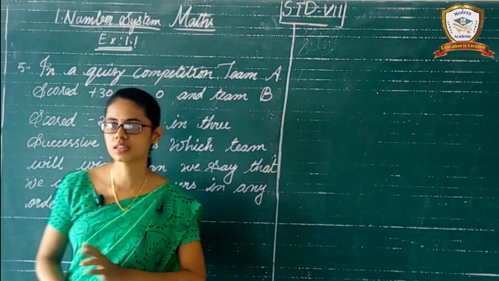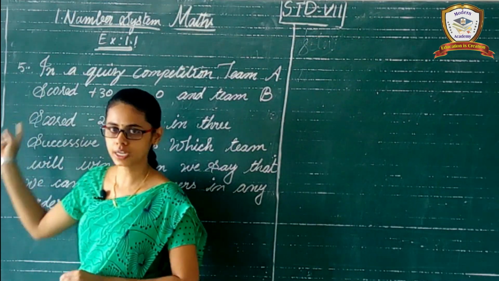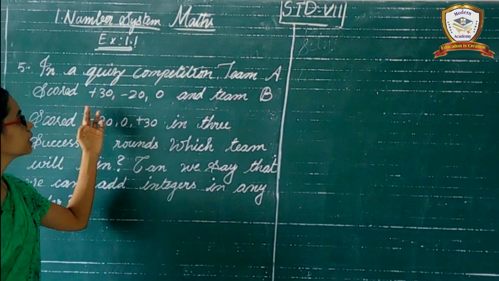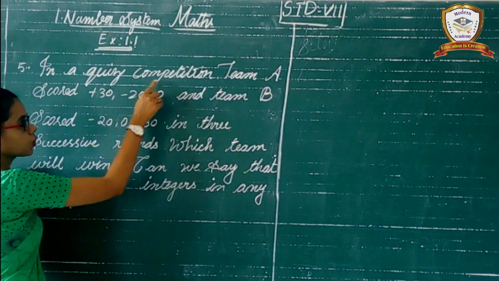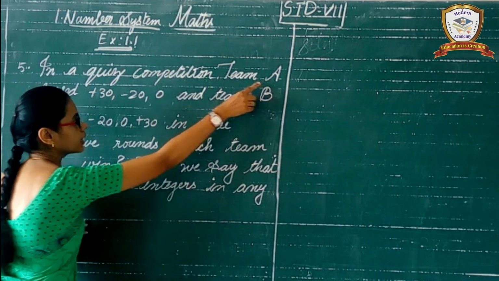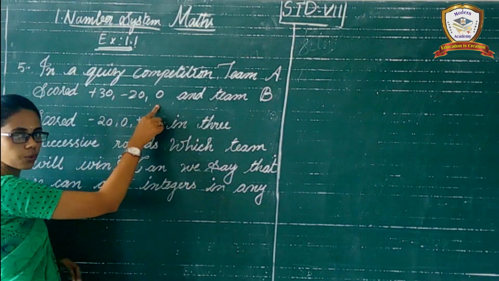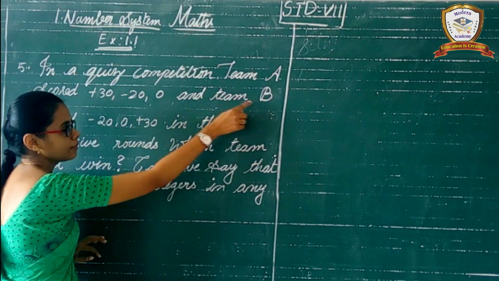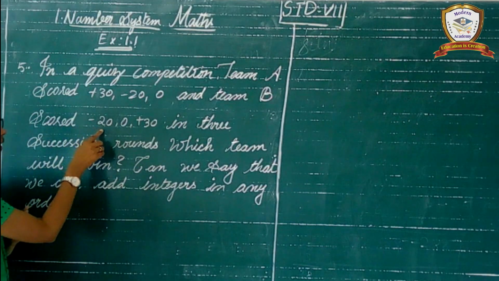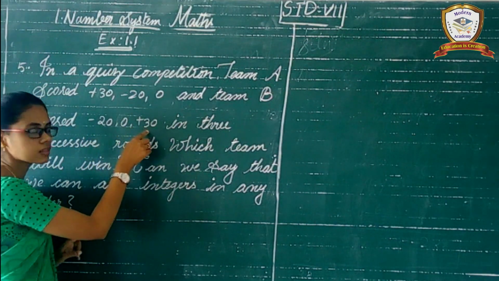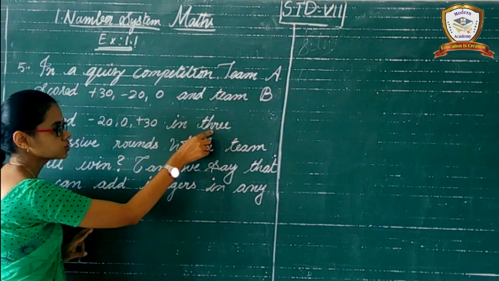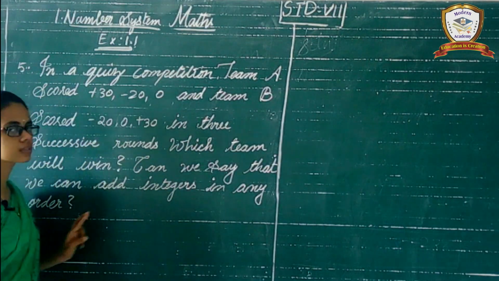Okay. Next, see the next question, the fifth one. Let us see: in a quiz competition, team A scored plus 30, minus 20, 0, and team B scored minus 20, 0, 30 in 3 successive rounds.